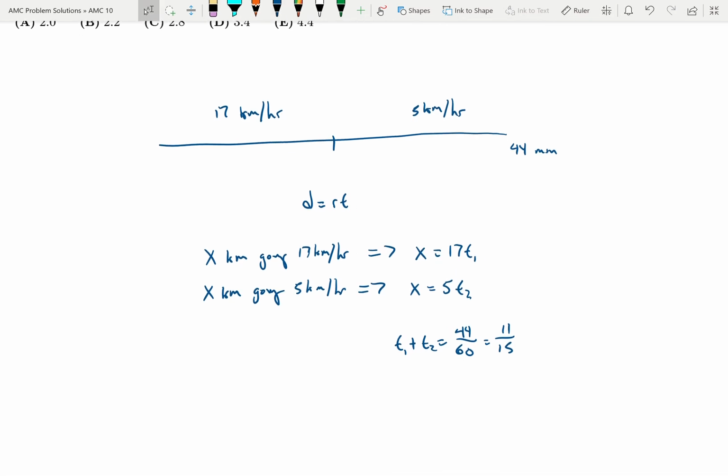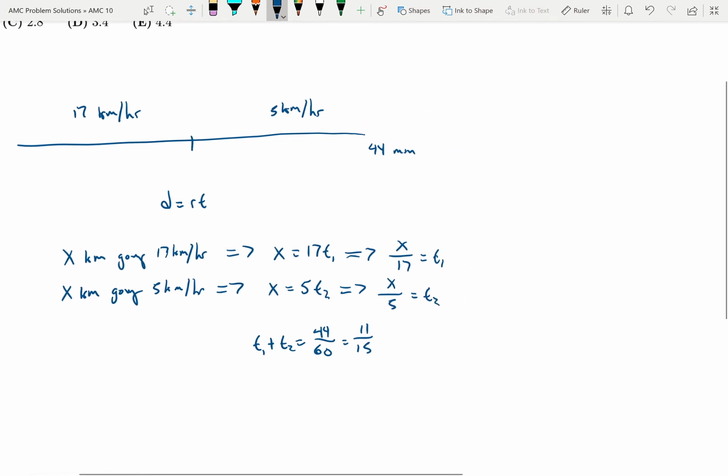Something I can do here is, if I divide both sides of that equation by 17, I get x over 17 equals t1. And then here I get x over 5 equals t2.